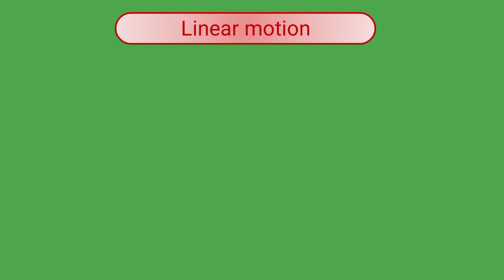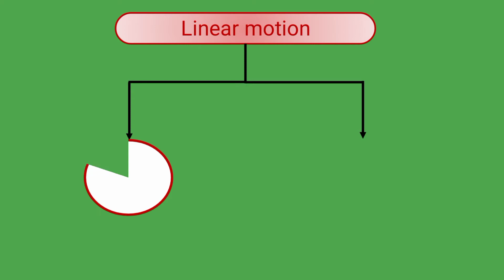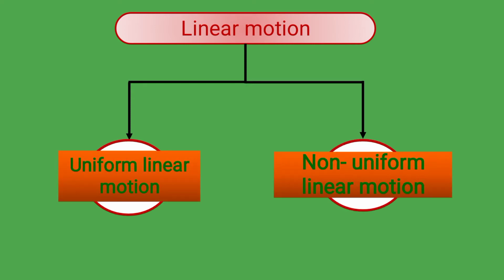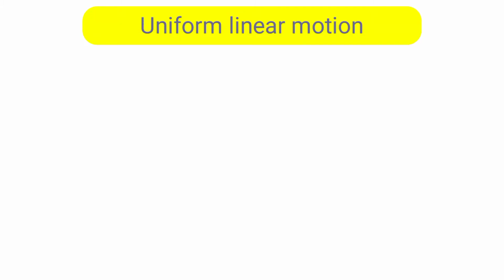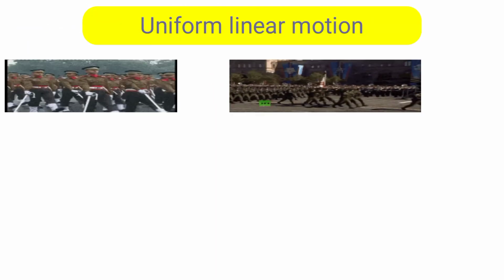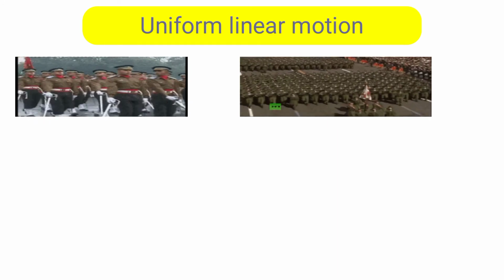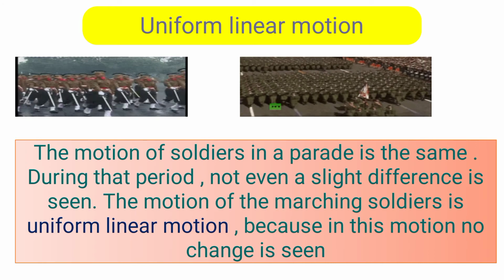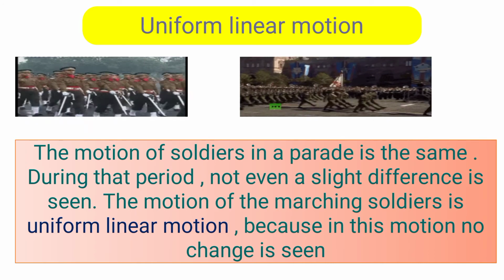Students, there are two types of linear motion. The first one is known as uniform linear motion and the second one is non-uniform linear motion. Now what is meant by uniform linear motion? If you observe here, the motion of soldiers in a parade is the same.